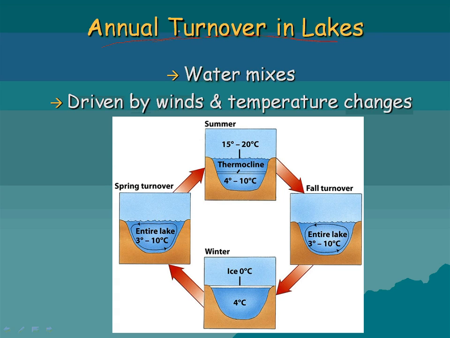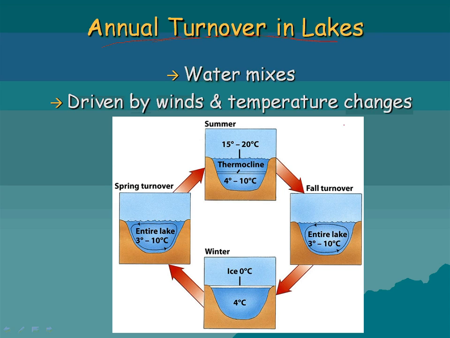And it's really important, and you can kind of equate it to the Great Ocean Conveyor Belt in the ocean, where you have this mixing of water. So oxygen is brought down to the depths of the lake and nutrients are brought up. And wind and temperature changes are what drive this mixing.